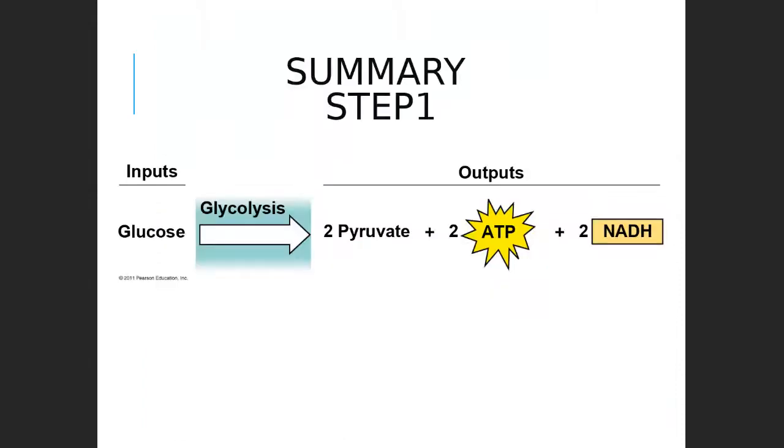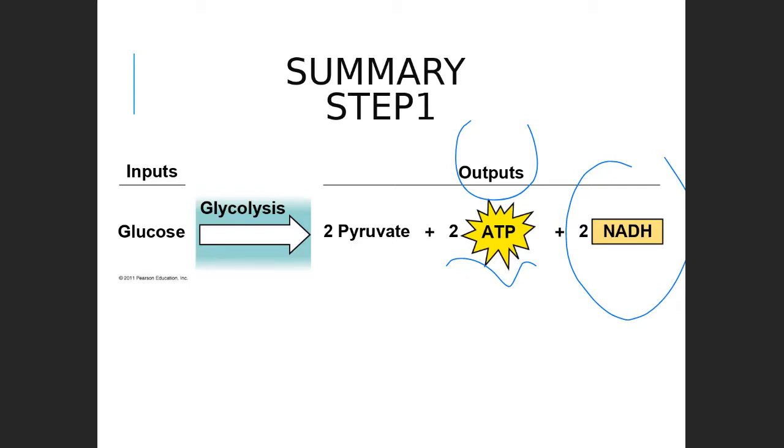So summary for this step, which is glycolysis: glucose is catalyzed with different enzymes into 2 pyruvate molecules of 3 carbons, producing an output of 2 ATPs and 2 NADH. So the glycolysis reactant is glucose, right? And it happens with oxygen or no oxygen.